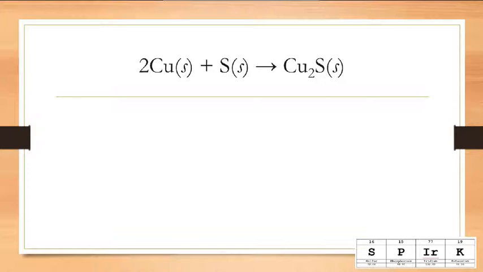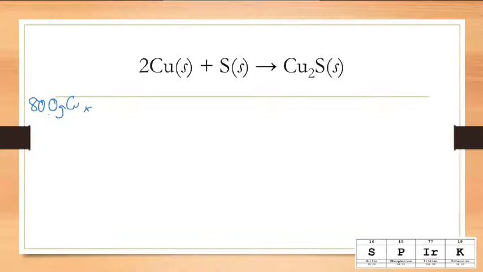And what we're trying to do is figure out how much product we will produce. So, since we have 80 grams of copper, we're going to use stoichiometry to predict how much copper(I) sulfide we're going to get at the end. And this is the same stoichiometry that we've done, just working from one compound to another.